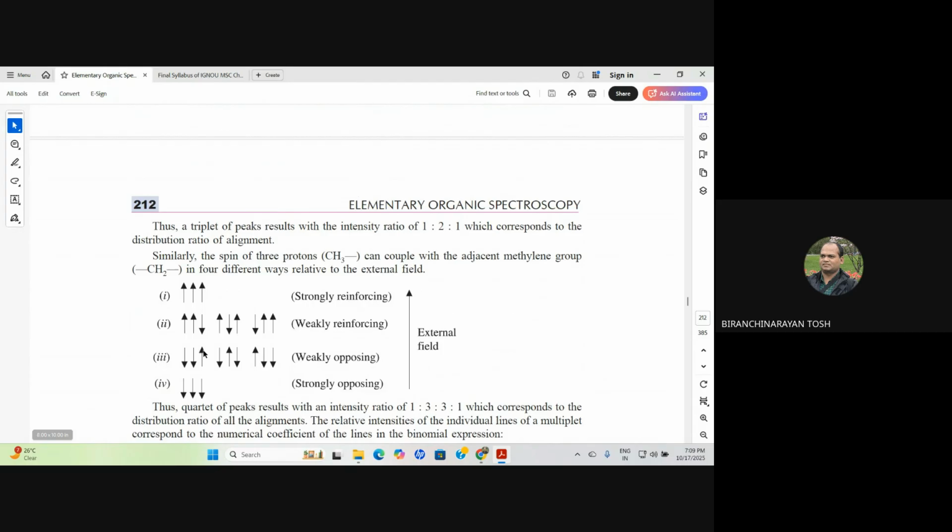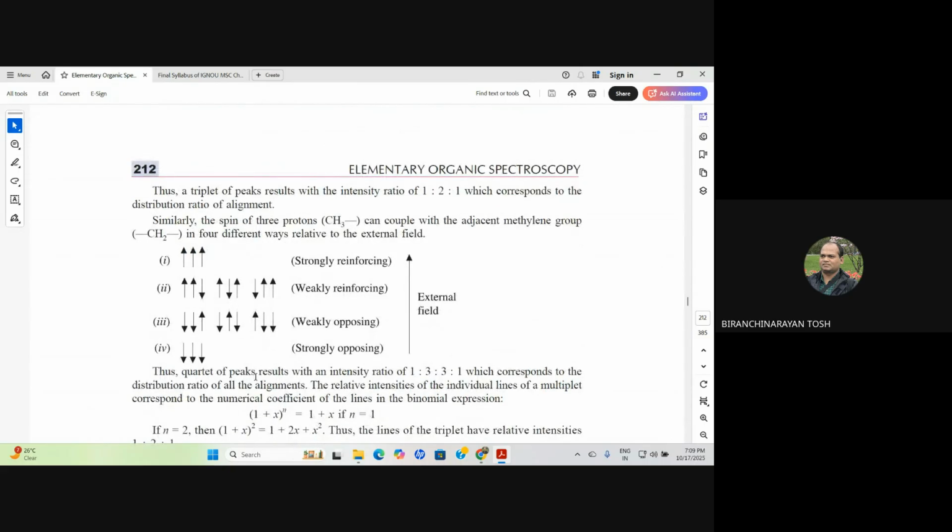Or two may be opposing and one reinforcing, weakly opposing; or two reinforcing and one opposing, weakly reinforcing; or all strongly reinforcing. So four alignments will be there, in a 1 to 3 to 3 to 1 ratio. The quartet of peaks results with an intensity ratio 1 to 3 to 3 to 1, which corresponds to the distribution ratio of all alignments.